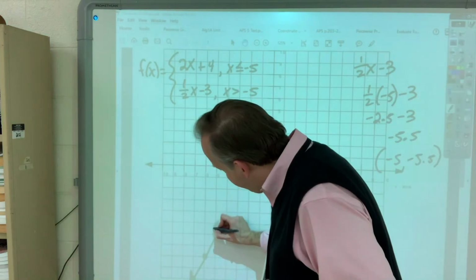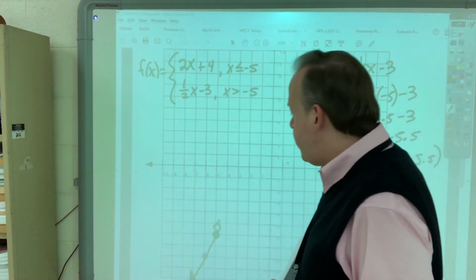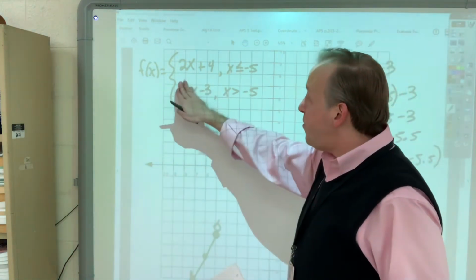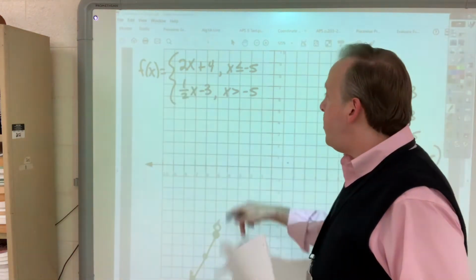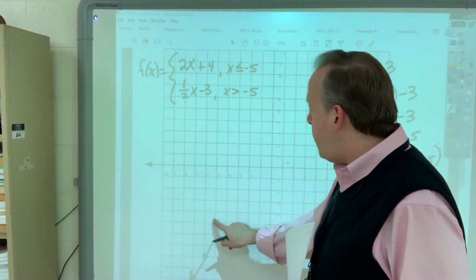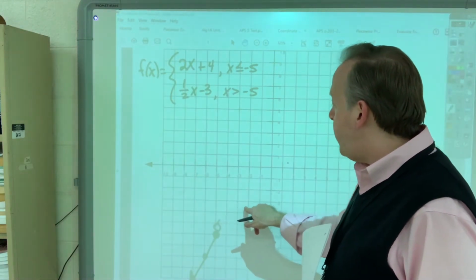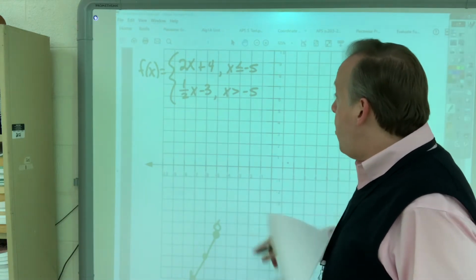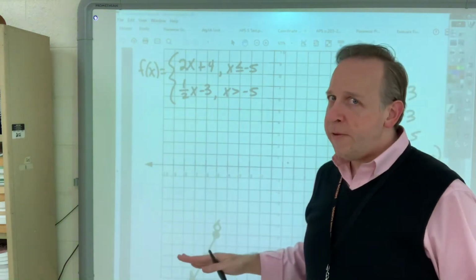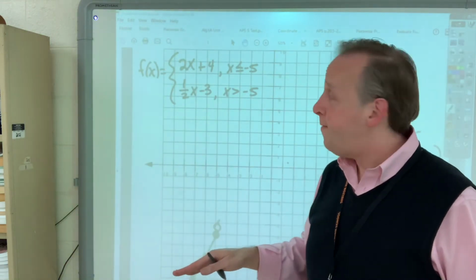It's just above the dot I already had. This one's an open dot though. And again, I can either use the slope to see where it goes, or I could plug in a number greater than negative 5. It's up to you. We can go up 1 over 2, up 1 over 2, no problem. Or you could plug in a number that's more than negative 5. How about 0? 0 is real easy to plug in, and it's definitely more than negative 5.